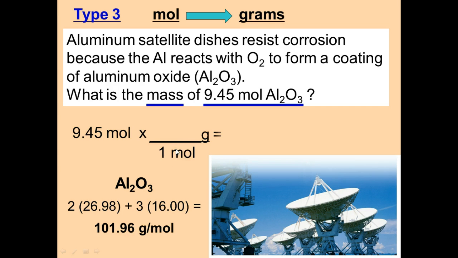So we write 1 mole on the bottom, and then from the molar mass we know that 1 mole of aluminum oxide is 101.96 grams, so the gram amount goes on the top, and the reason why we put moles is so they cancel out. And we have 101.96 grams on top, so we just do 9.45 times 101.96 and get 964 grams is the mass of 9.45 moles of aluminum oxide.